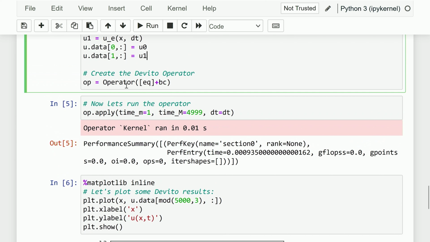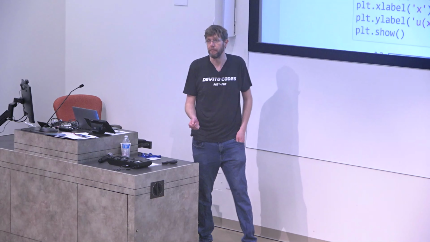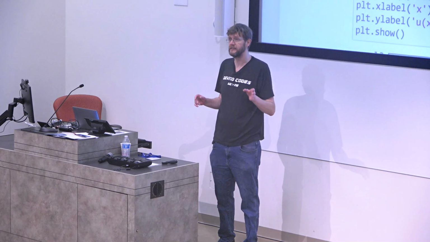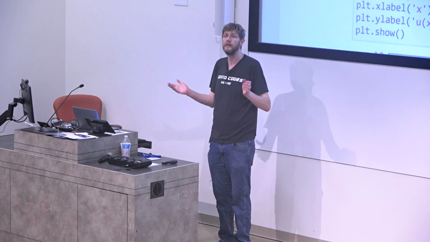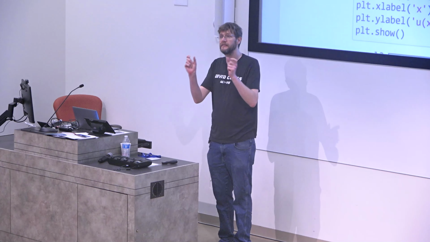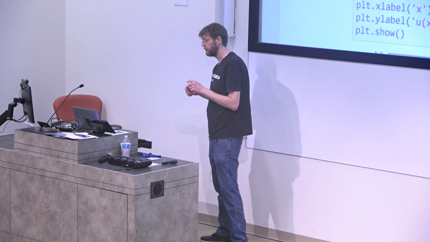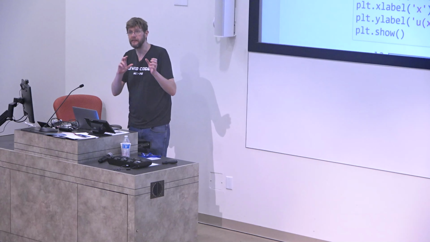And then we'll create our operator, and we'll say our operator is equal to our equation and the boundary conditions. Just to point out, initially sometimes this plus BC confuses people, but this is just pure Python syntax. We're just passing it a list of equations, and of course in Python you can add lists together using this plus operator.